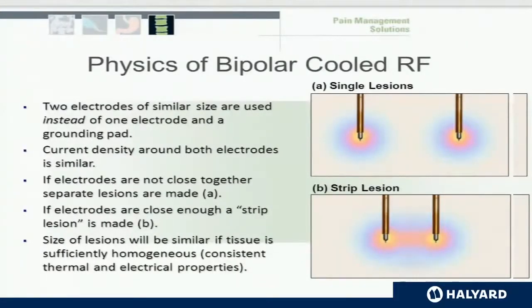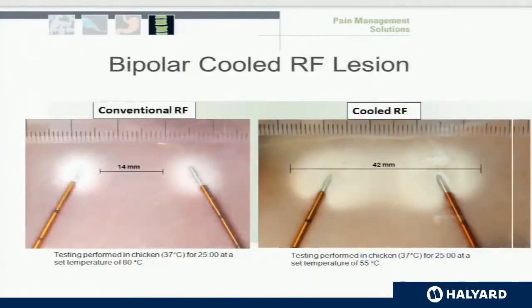Now with standard RF, because of the self-limiting nature of how large that lesion can be, the probes must be much closer together. For cooled RF, you're able to keep them fairly far apart and create a very large lesion. So again, this is showing conventional RF in chicken breast versus cooled RF, just a different relative lesion size that we're able to create.